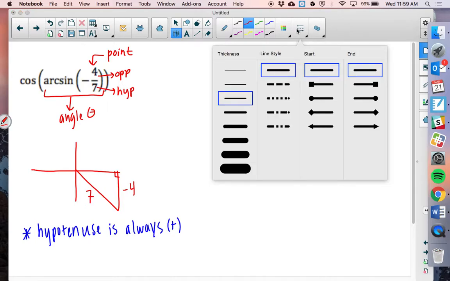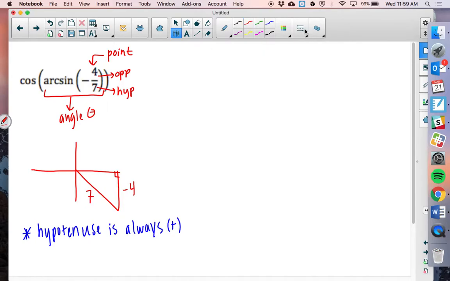Now I'm going to find the missing side for my triangle, and we do that using Pythagorean theorem again. So we've got negative 4 squared plus b squared equals 7 squared. That ends up giving you square root 33. And I'm going to leave that positive because it's on the positive side of the x-axis.